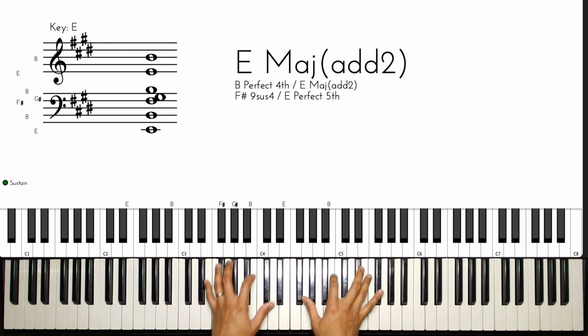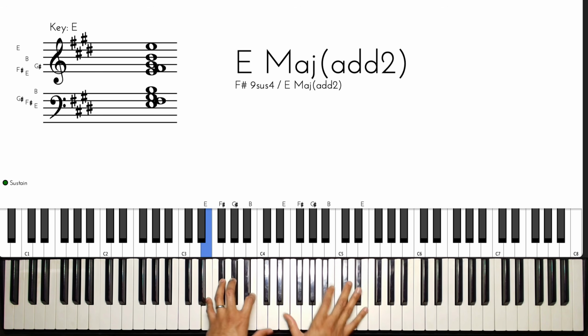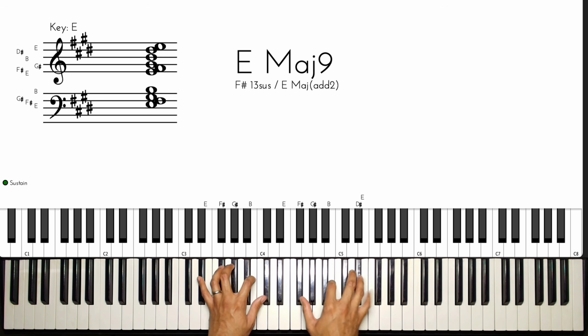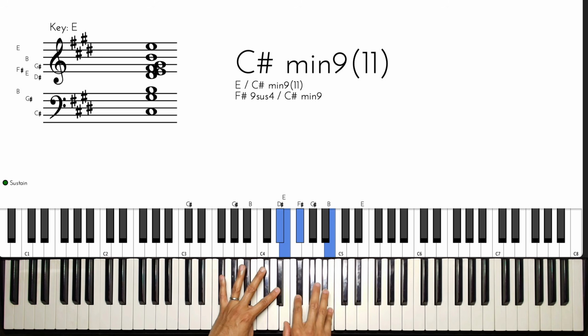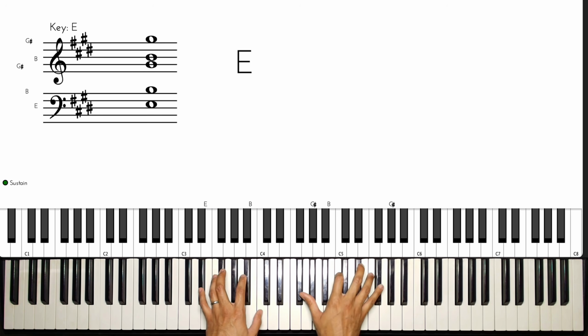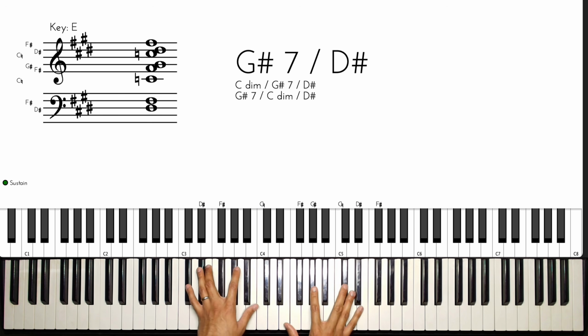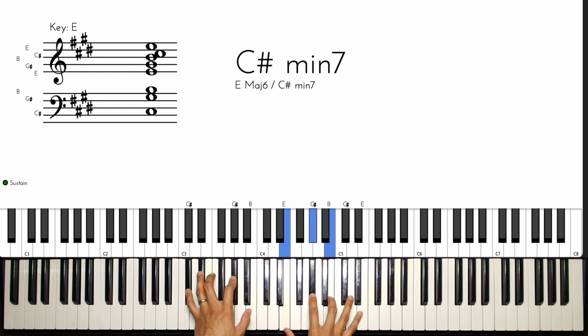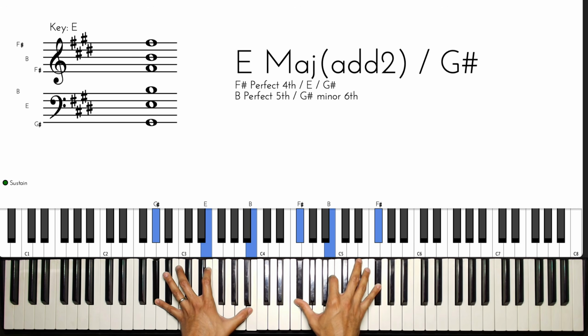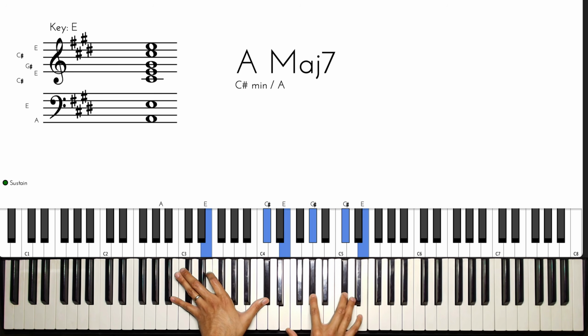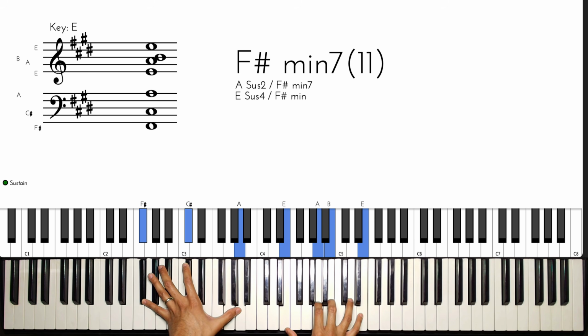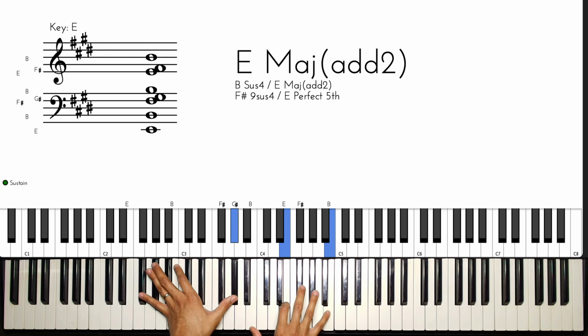Very similar to what we did in the beginning, right? Right, we're playing a 1 to a 3 in a different inversion to the 6. Then a 3, 4, 2, and back to the 1.